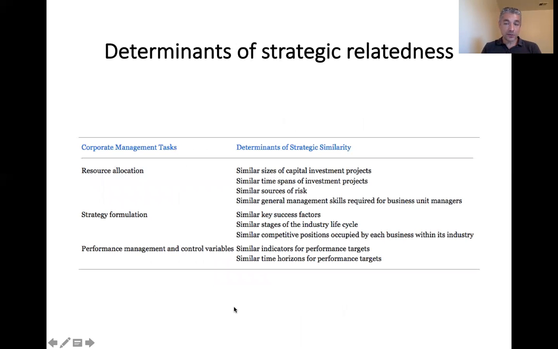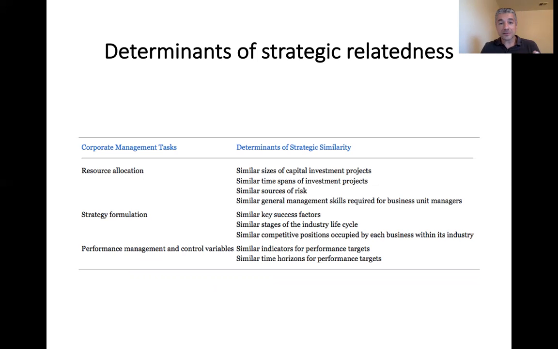And the textbook actually provides a rather detailed notion of the determinants of strategic similarity, which is what relatedness is all about. So you could expect some benefits to accrue to the firm if when you diversify, you look at investment projects of similar sizes. So you've managed that previously. You probably know how to do that again.